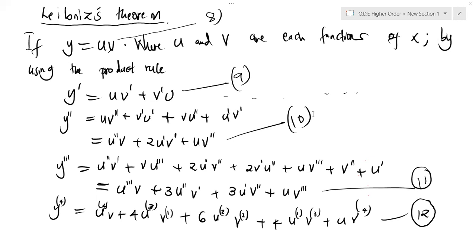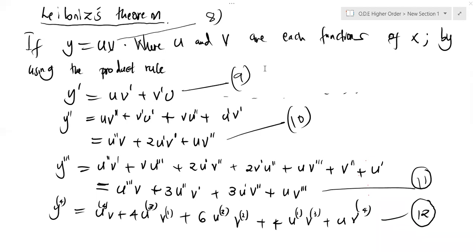Now, notice that from equation 8 all the way up to 12, the order of the derivative of u decreases by 1 moving from left to right, while the order of the derivative of v is increasing by 1, moving from left to right.